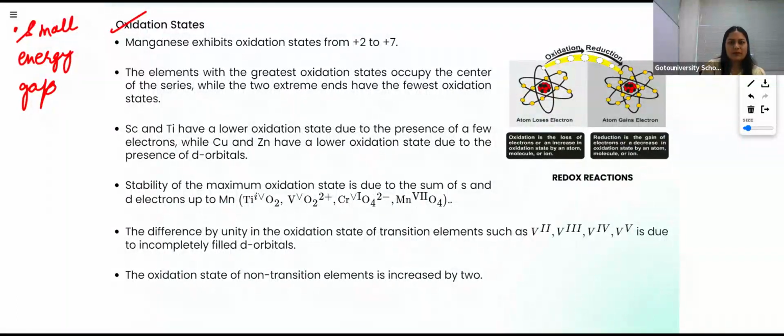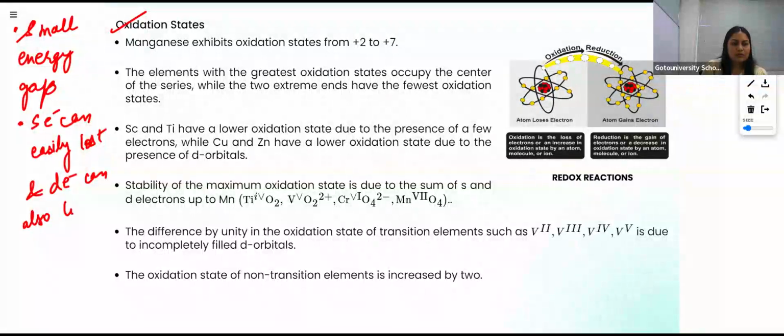What will be the other reason? The s electrons can be easily lost, and the d electrons can also be easily lost due to this small energy gap.